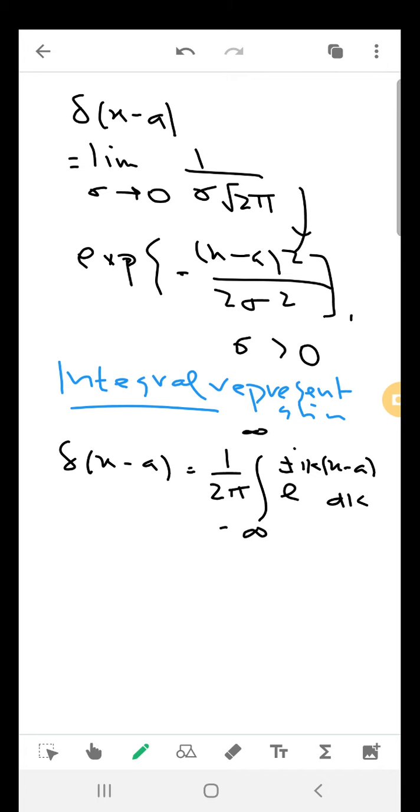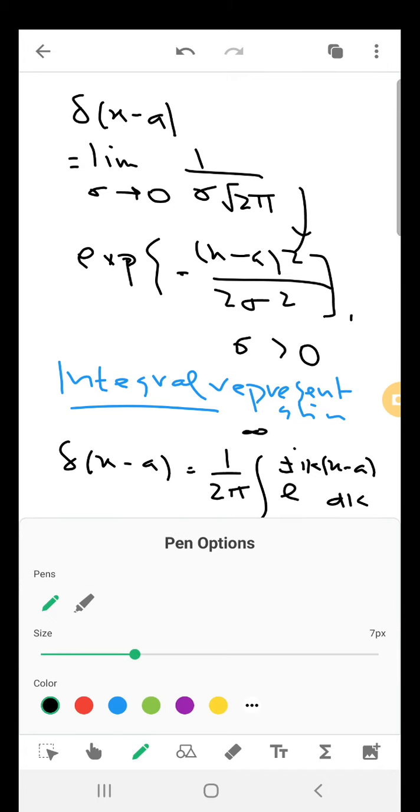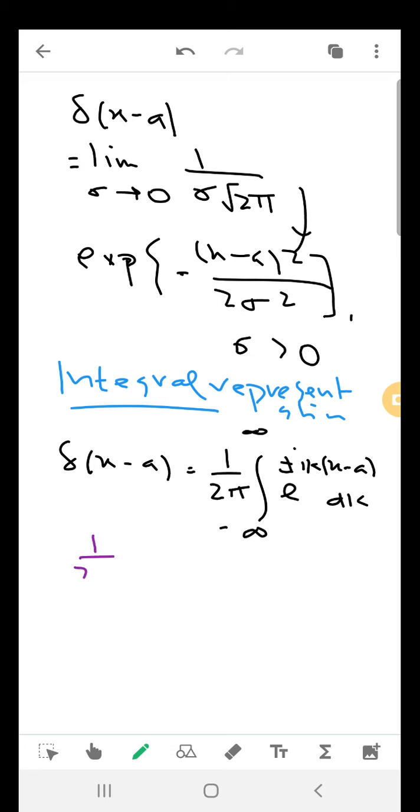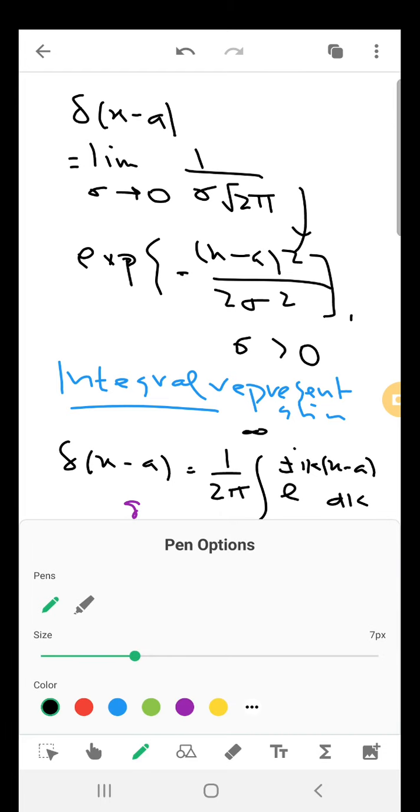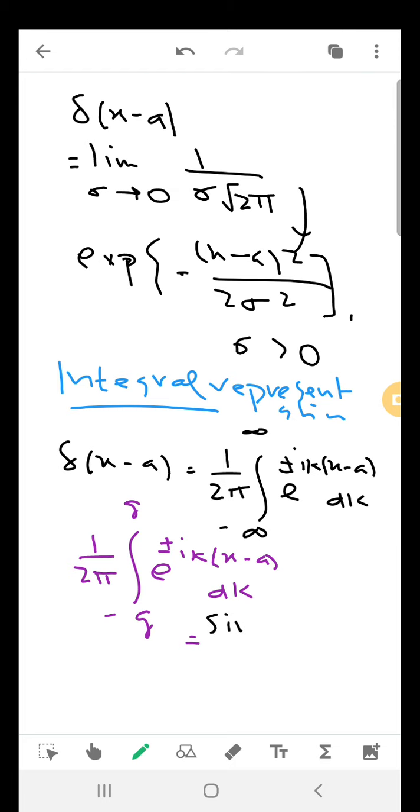Now we know that 1 by 2 pi integral from minus g to g exponential plus minus ik x minus a dk is equal to sine g x minus a divided by pi x minus a.